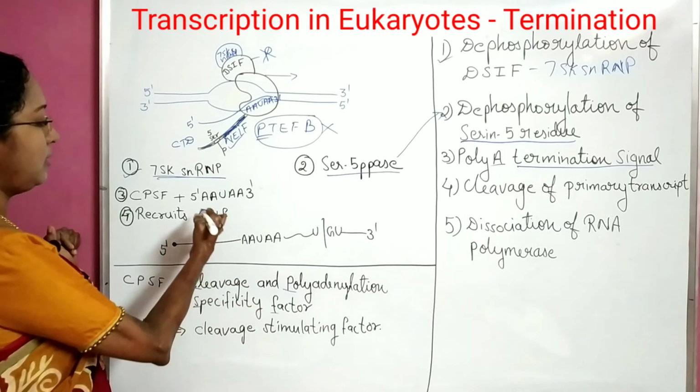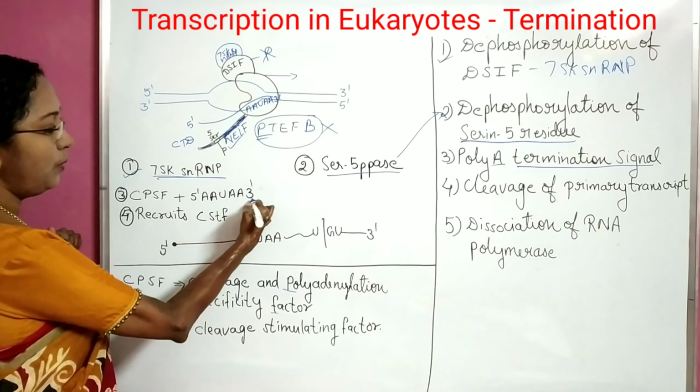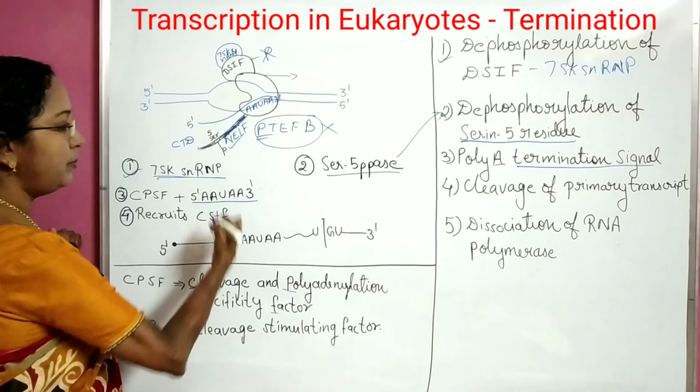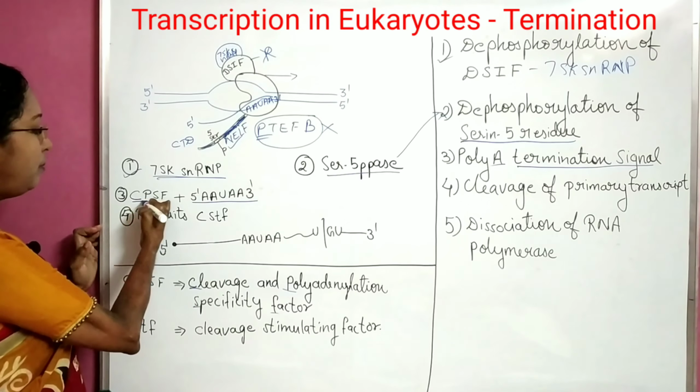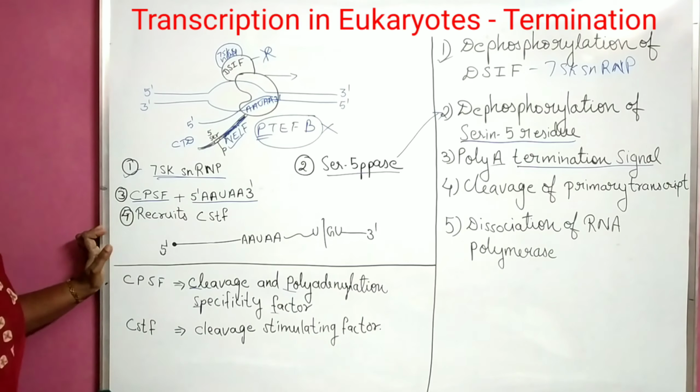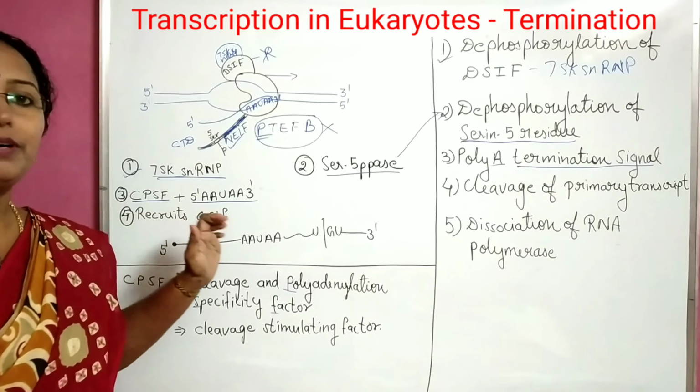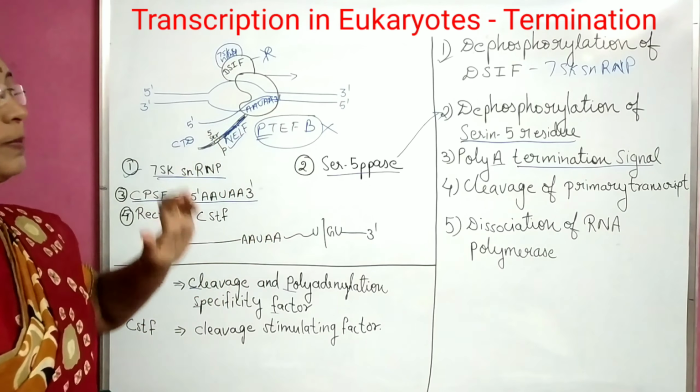So as this signal, 5' AAUAAA 3', this termination signal is reached, to that termination signal immediately the CPSF binds. Cleavage and polyadenylation specificity factor binds to this particular signal.